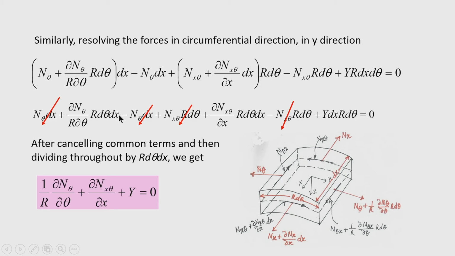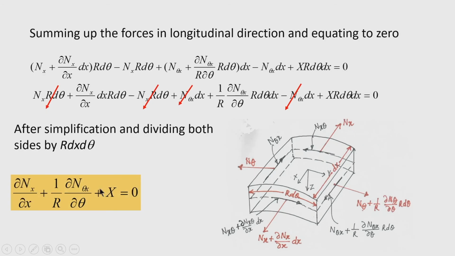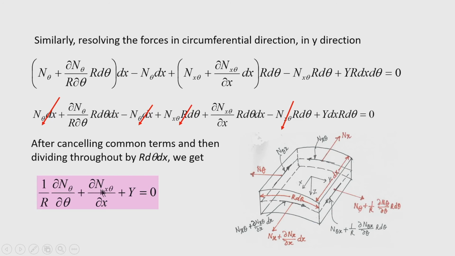Cancelling some common terms, you can cancel it and divide throughout by r d theta dx. Ultimately, you will arrive at this equation, the second equation of equilibrium, which relates n theta and n x theta. In the previous case, we related n x and n theta x, and here we related n theta and n x theta. So, this equation is 1 by r del n theta by del theta plus del n x theta by del x plus y equal to 0.